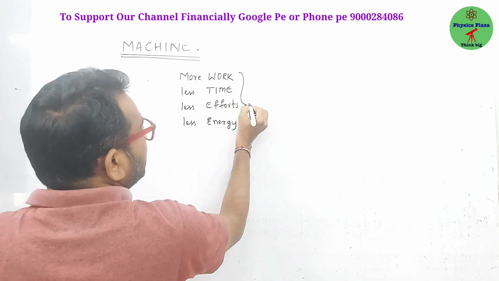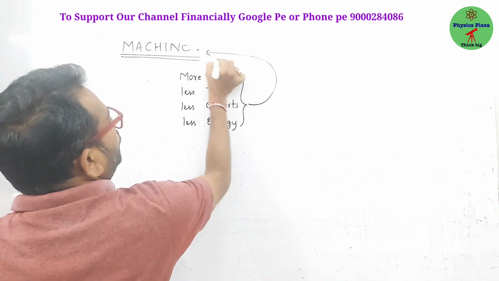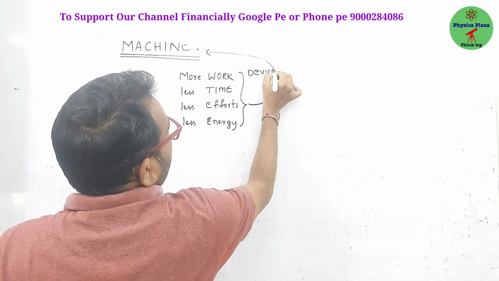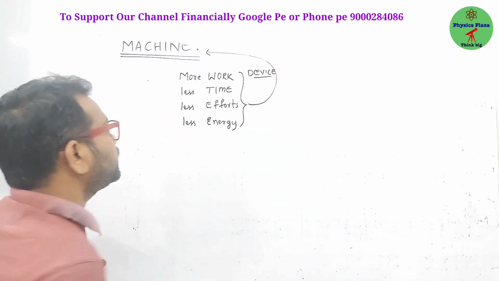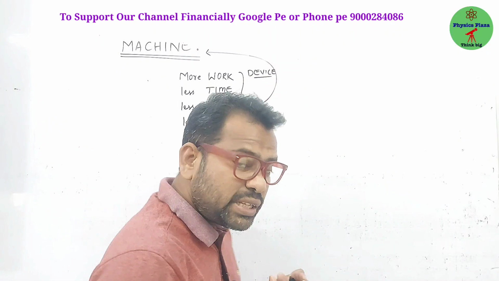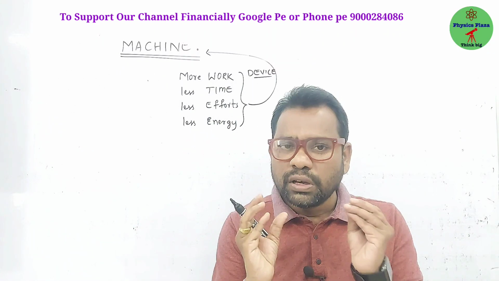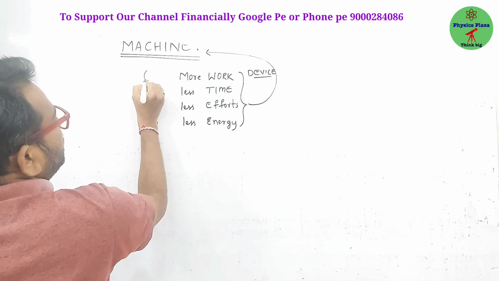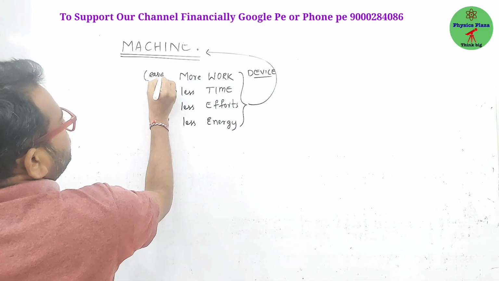For this, one device will help you. That device only, machine. So, a machine is a device which will make our work easy. More work, but in an easy way.